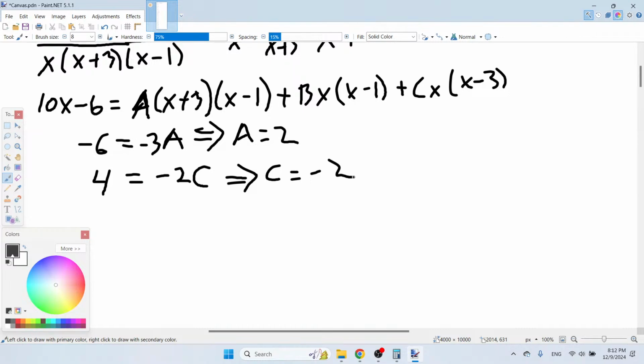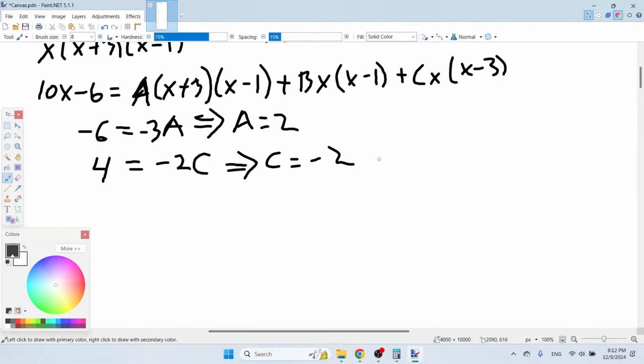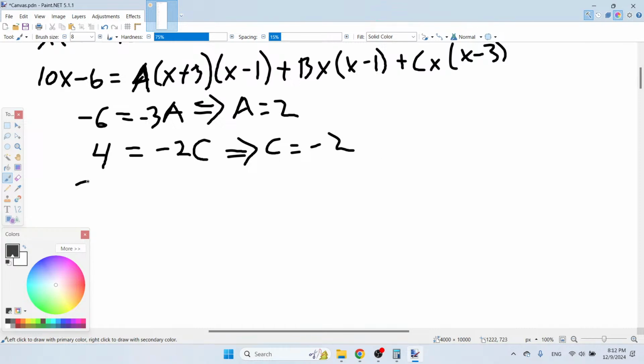And if we plug in, I guess -3 is next. -3 times 10 is -30. Minus 6 is -36. Equals -3 times -4 is +12, times B gives us 12B, which means that B equals -3.